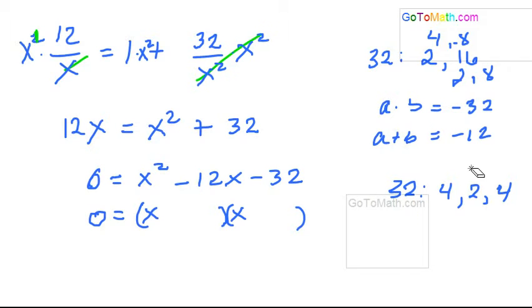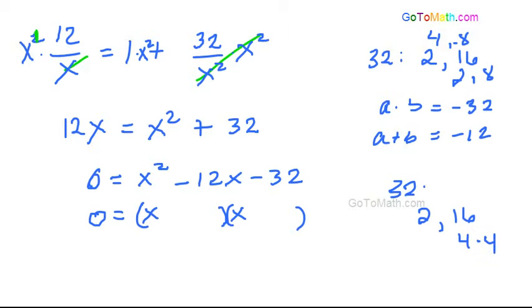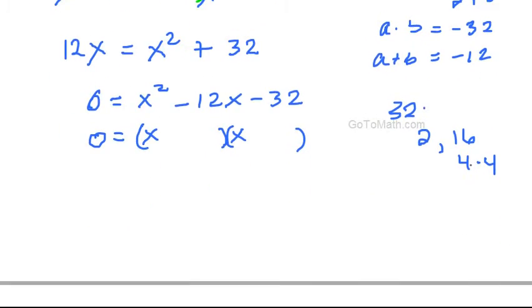Something I'm not seeing here. Let me factor this completely. 2 and 16, but 16 can be broken down to 4 and 4, but that could be broken down into 2 and 2, 2 and 2, and another 2. Yeah, 2 to the 5th.